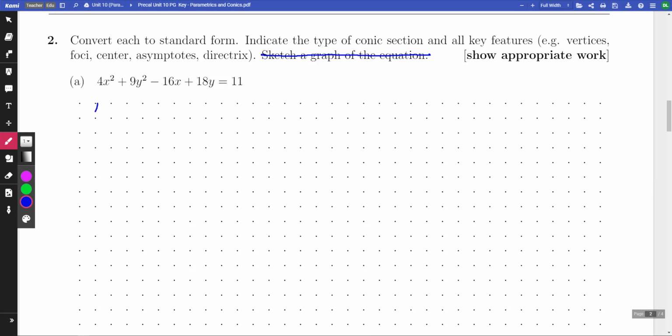So I'm going to go ahead and separate my x's and my y's, and 16x.